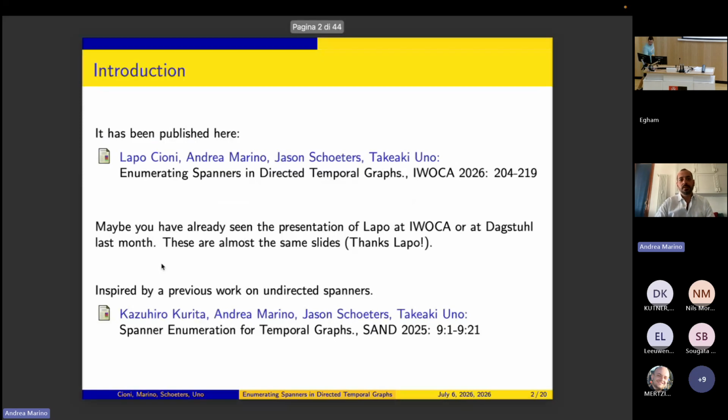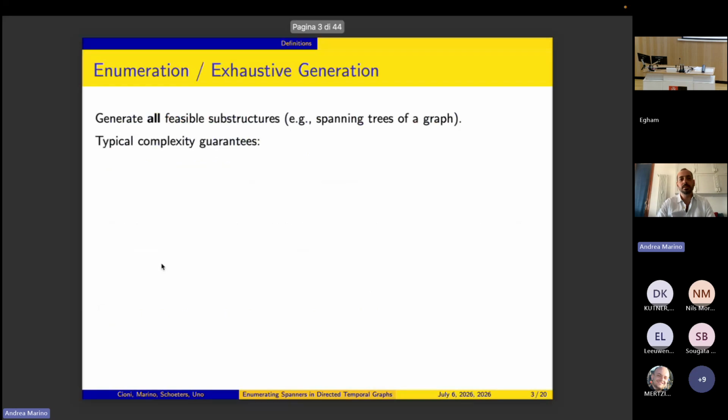Lapo just presented this work at IWOCA and also at the Dagstuhl seminar some weeks ago, and these are almost the same slides by Lapo. So thanks Lapo. This is inspired by our previous work on undirected spanners, which appeared in SEA last year. But before talking about spanners, let me talk a little bit about enumeration.